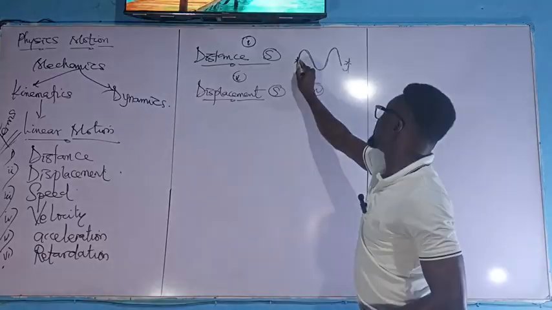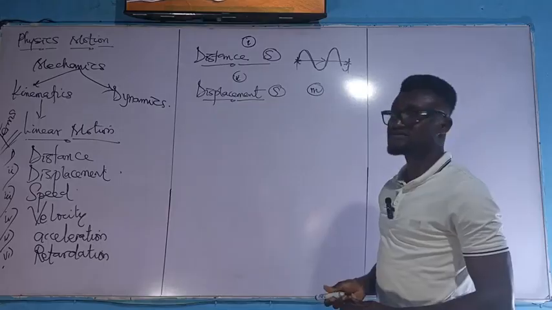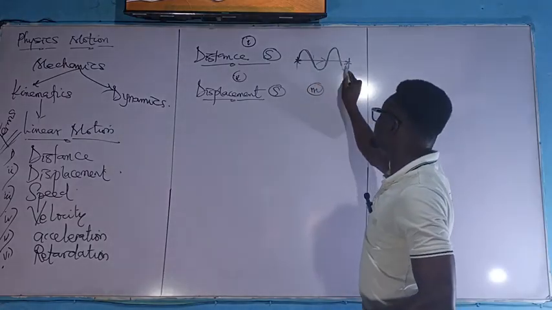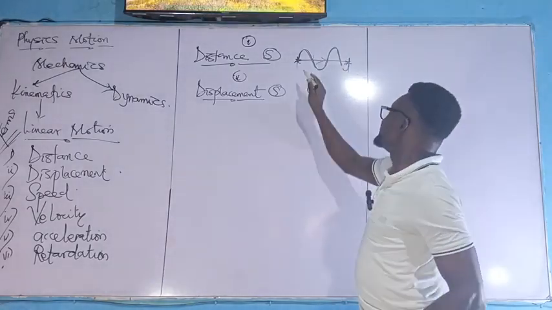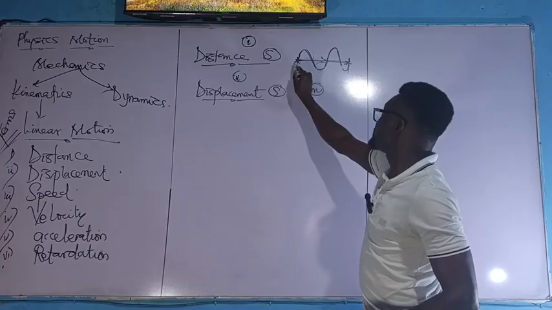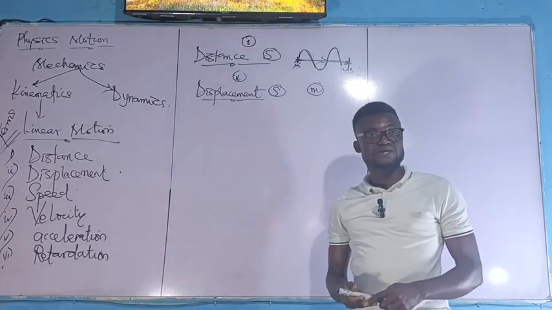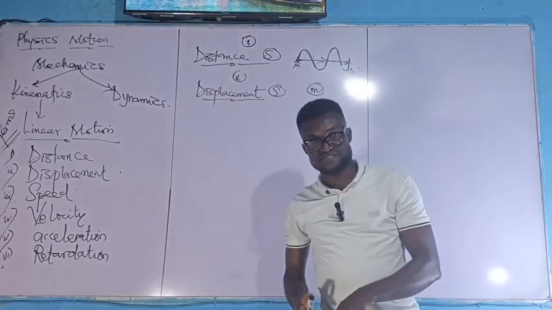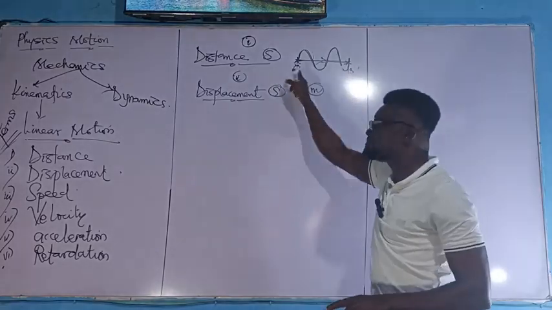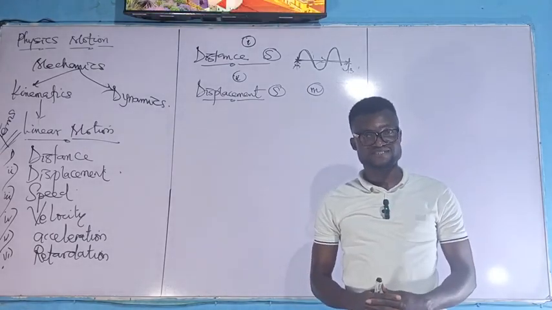A body that moves from here to this very point displaces in this very direction. While the distance is the path followed by the journey, the displacement is the short path moved from this point, let's say point A, to point B. Moving from point A to point B is not the same thing as moving from point B back to point A when it comes to displacement.